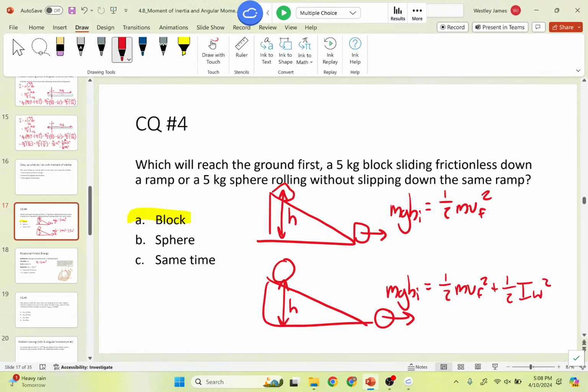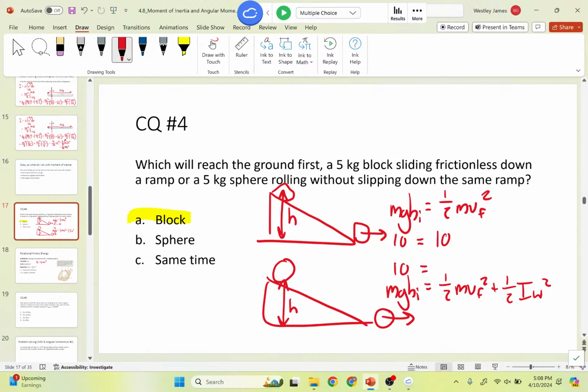Why does that matter? I'm just going to completely make up numbers. Let's say they both start with 10 joules. This one starts with 10 joules. This one starts with 10 joules. That means at the end, all my potential went to kinetic. All my potential went to velocity. All of it. It went all from potential, all to kinetic.